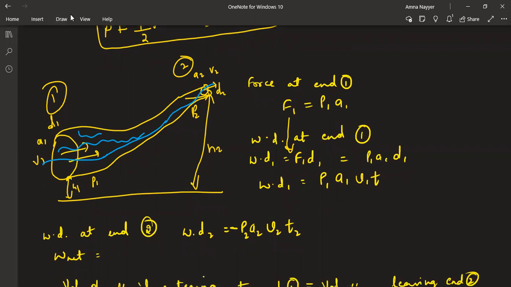Now see, net work done will be what? Work done 1 and work done 2 are there.